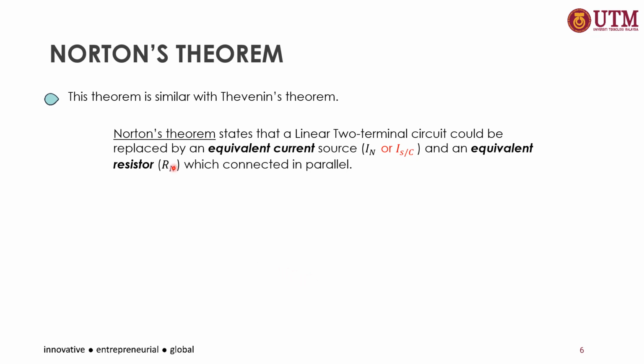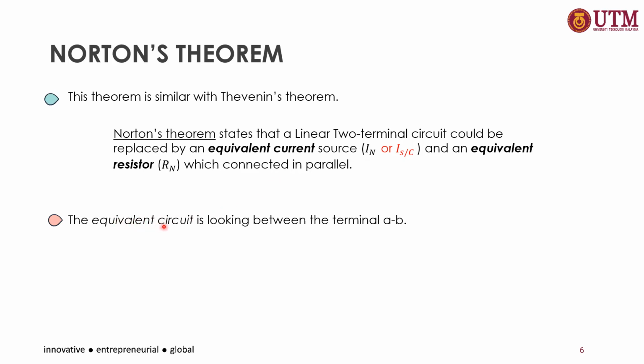The Norton theorem is similar to the Thevenin theorem. It states that a linear two-terminal circuit can be replaced by an equivalent current source, IN or I short circuit, and an equivalent resistor RN, connected in parallel.